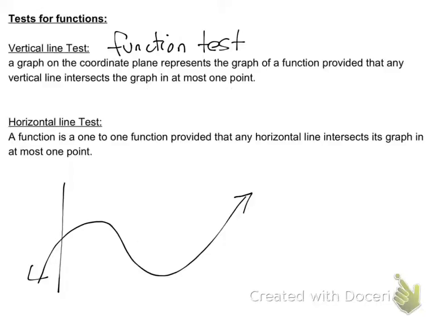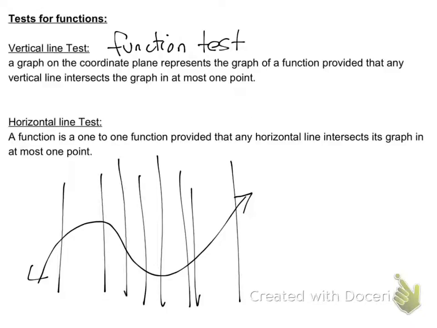You have to do it again and again and again, and you have to keep checking everywhere. So, with this one, just by looking at it, does it pass the vertical line test? Yes or no? Oh, yes. Yes, it passes the vertical line test.